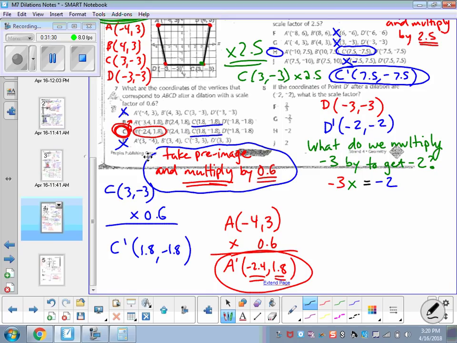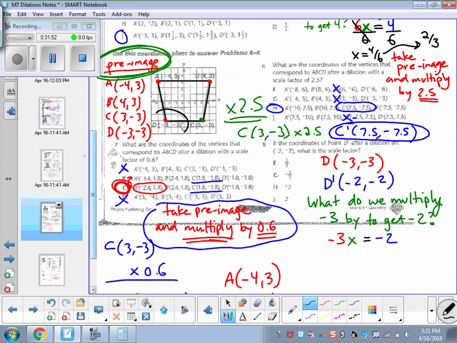And now we're on the last one here for number 8. If the coordinates of point D prime after a dilation are negative 2, negative 2, what's the scale factor? All right, so in red, all we have is the pre-image, the fact that point D started out at negative 3, negative 3. It's right there.